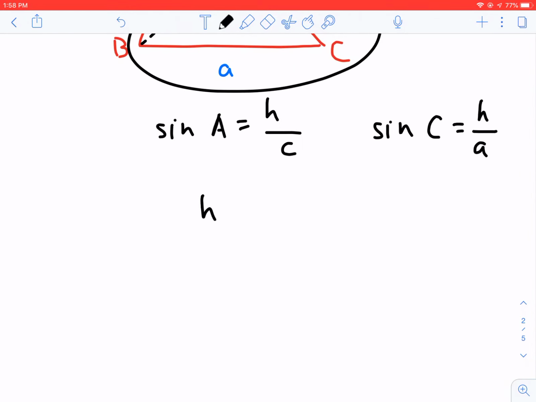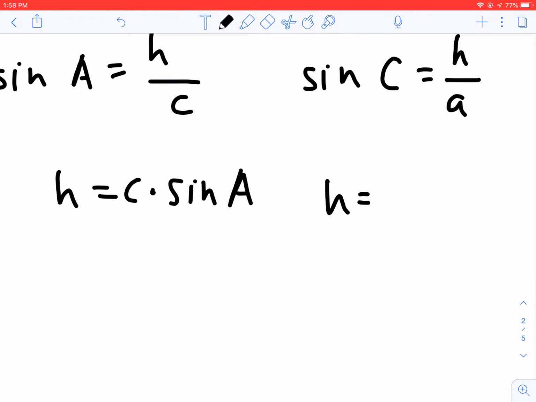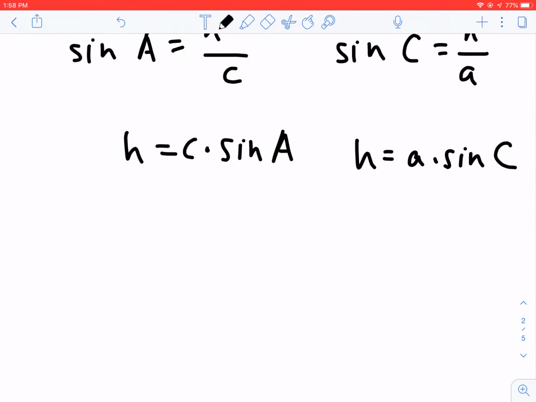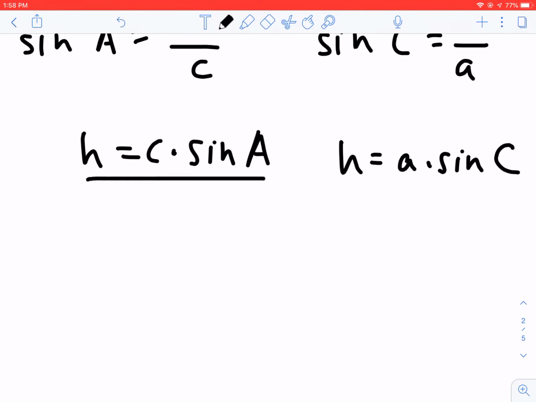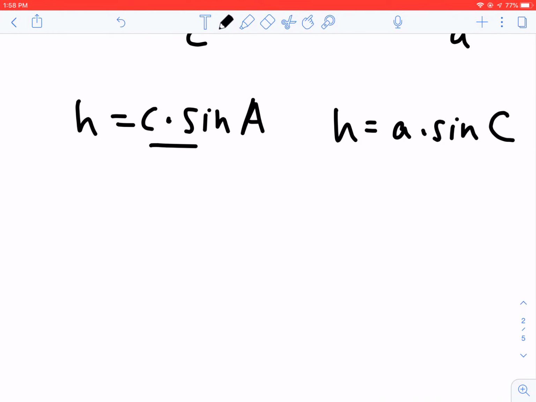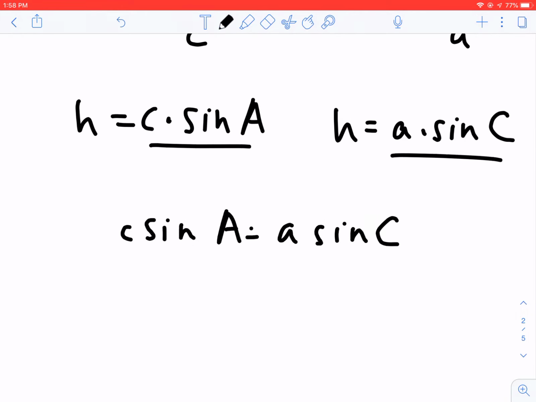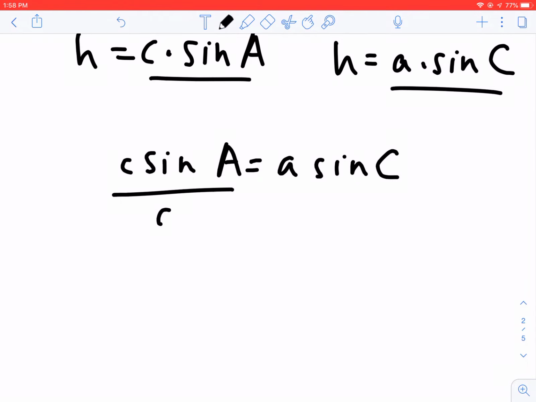We get H equals C times sine of A, and H equals A times sine of C. Dividing both sides by AC. Oh, whoops, not yet, sorry. I didn't set them equal to each other. So we get C sine of A equals A sine of C. Right, dividing both sides by AC now.